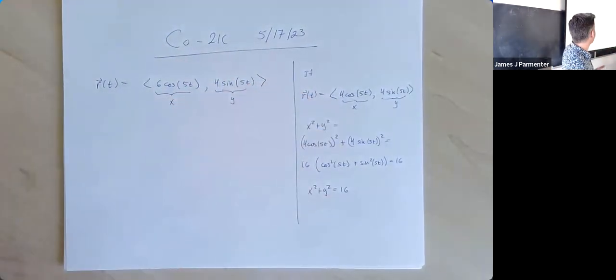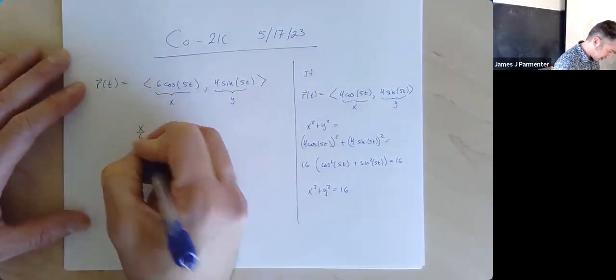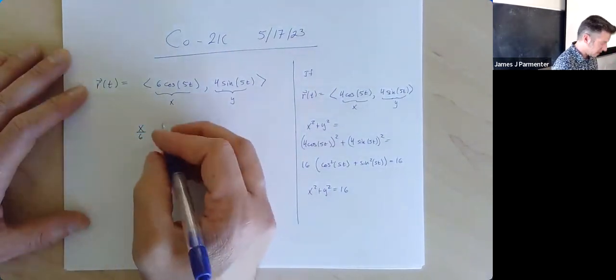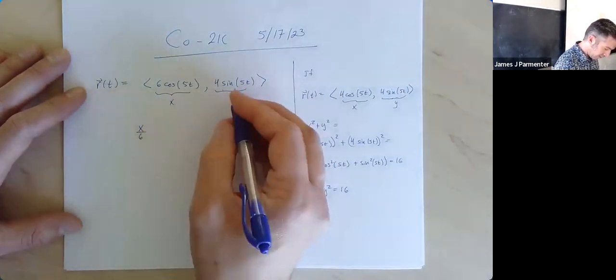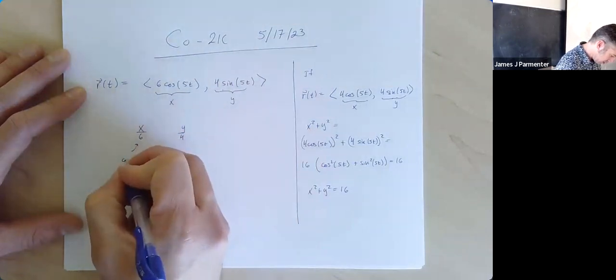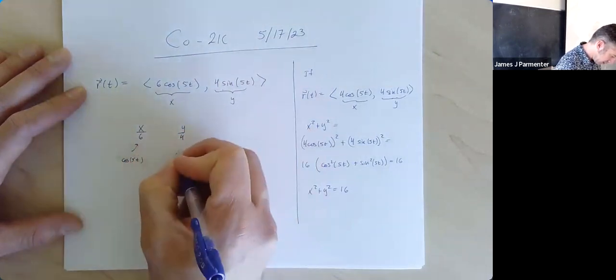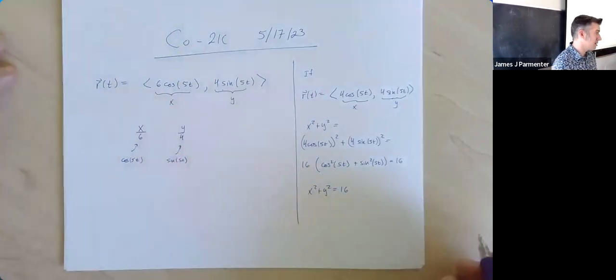My usual way of going about it is to divide each thing by its coefficient so that we can get rid of it. So I'm going to say that x over 6 is equal to cosine of 5t, and y over 4 is sine of 5t. And then I know that cosine squared plus sine squared is equal to 1.